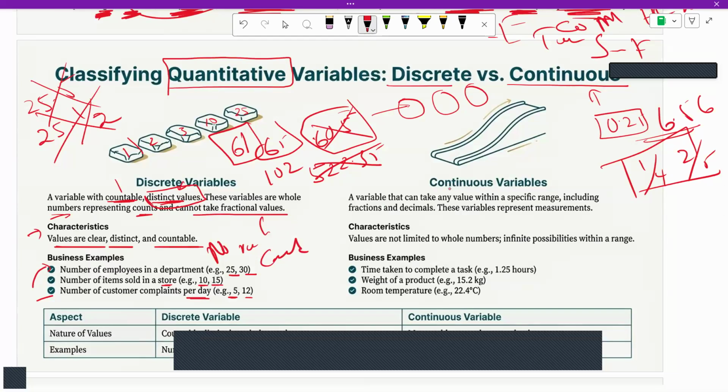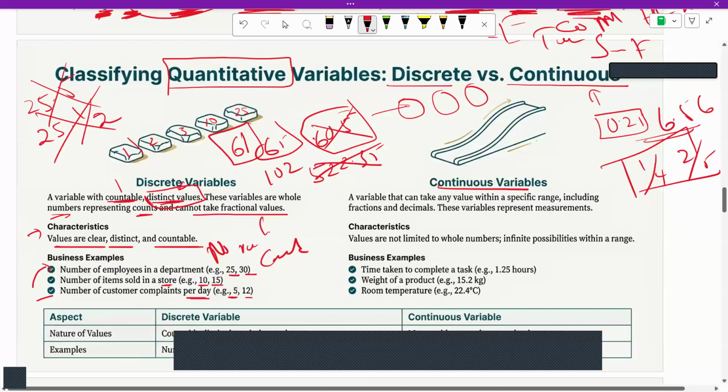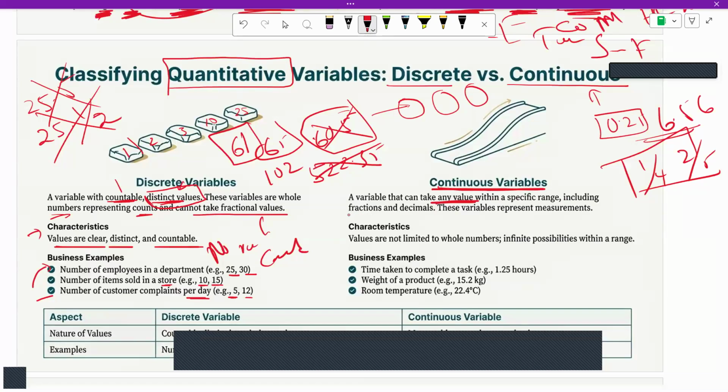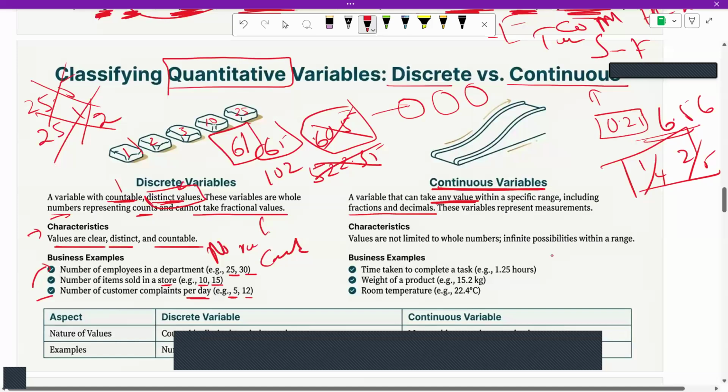Number of votes, number of candidates, number of polling stations, countable. And the continuous variable is a variable that can take any value within a specific range, including fractions and decimals. Can you say how many numbers are between 1 to 5?